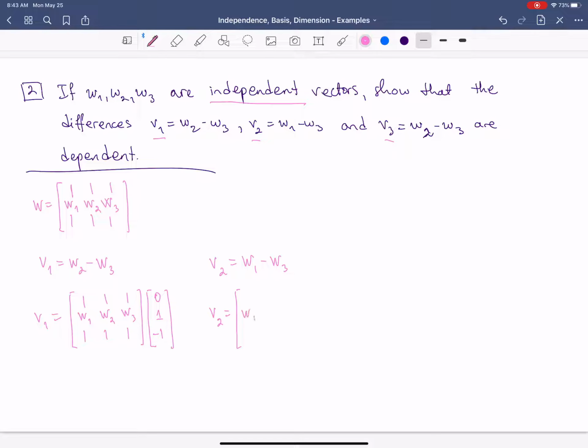So I will have w1, w2, w3, and I need to combine them to produce v2, and the combination is, well, take w1, so that puts a 1 here. w2 doesn't show up, so I have a 0 there, and w3 does show up with a negative 1. Okay? And similarly, v3 is given by w2 minus w3. Well, then v3 is this vector represented by this matrix vector multiplication.